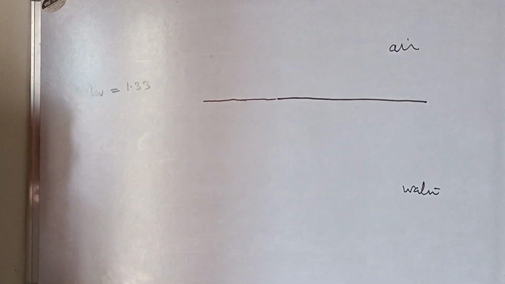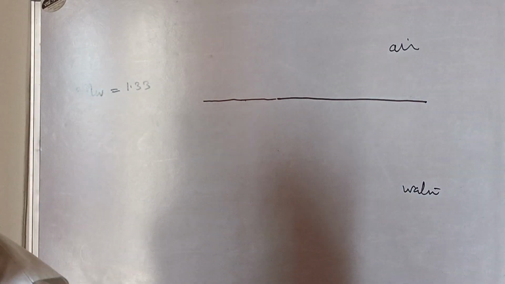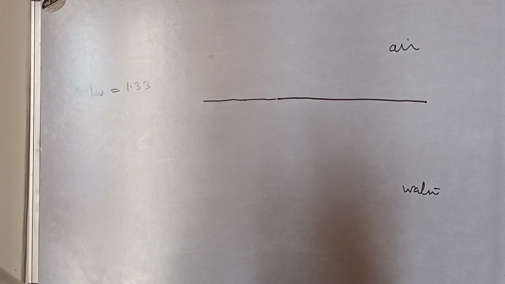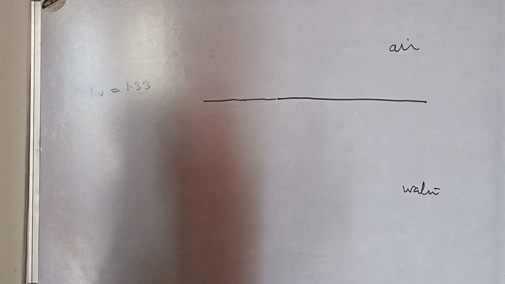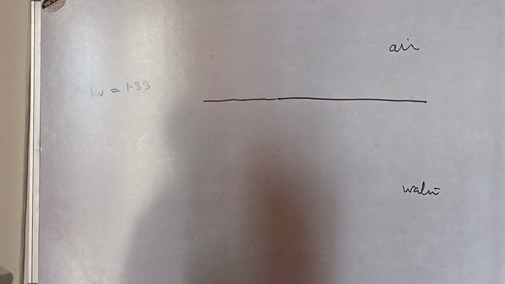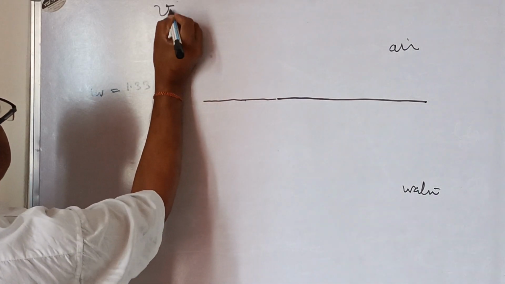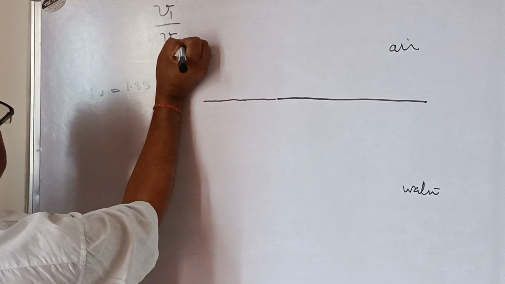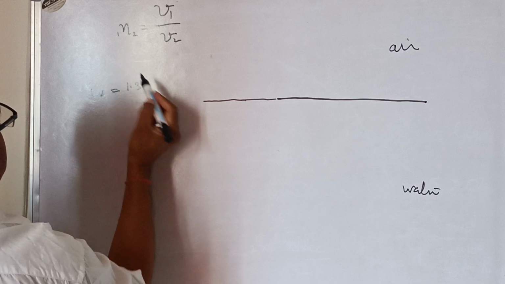Now one thing more. Refractive index is the ratio of two things. Ratio of velocities or ratio of sin i by sin r. Ratio of sines, or ratio of two velocities, V1 by V2, this is n 1 2.